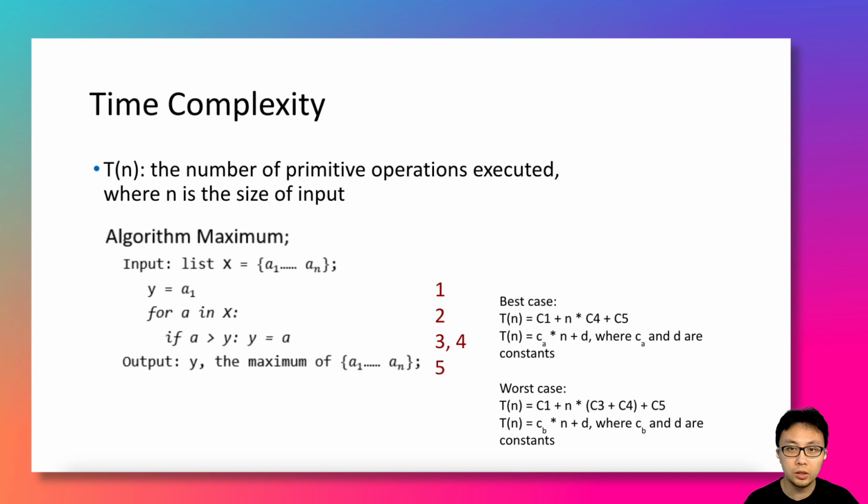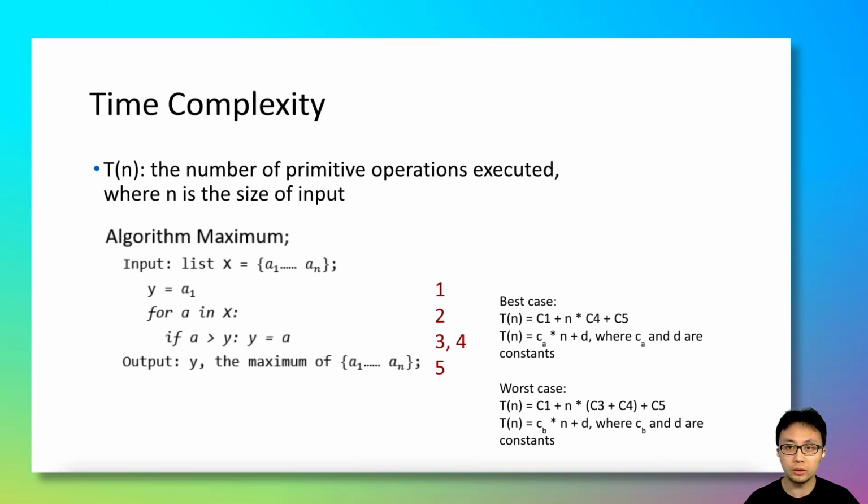Actually, it's very common to replace multiple constant number symbols with a single symbol, like using D to replace C4 plus C5 in the best case, or using C sub B to replace C3 and C4 in the worst case. Okay, so both C sub A, C sub B, or D, they all stand for constant numbers.